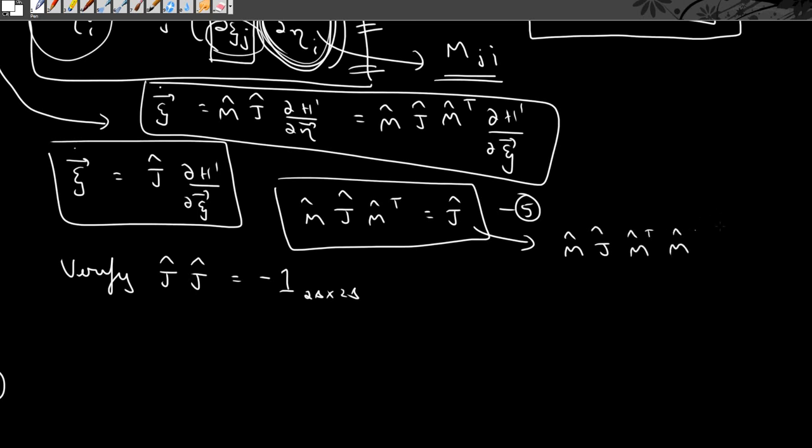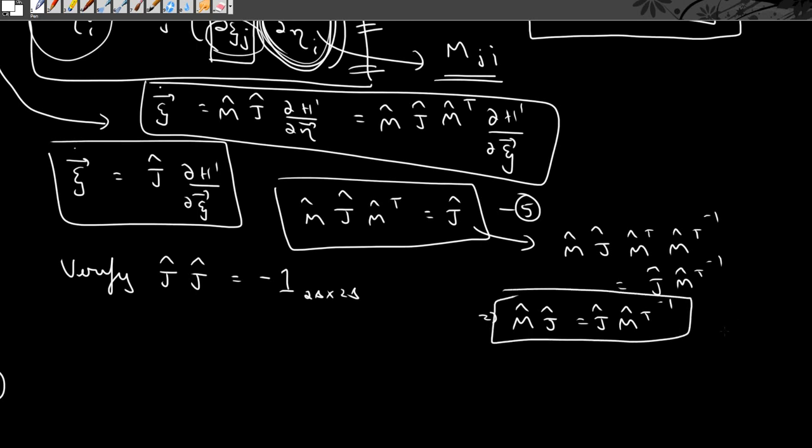I am going to multiply both sides by the inverse of M̂ transpose. This will be equal to Ĵ (M̂ transpose) inverse, which means M̂ Ĵ is equal to Ĵ (M̂ transpose) inverse. Okay, so let us remember this equation, call it 6.